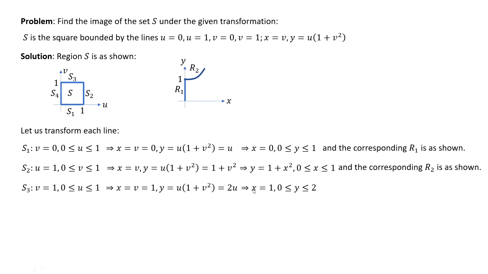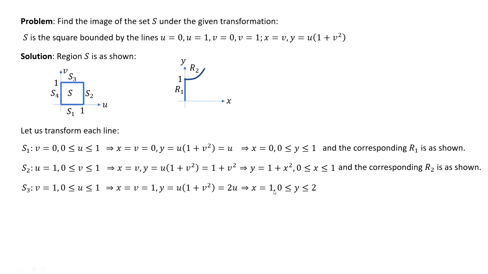So, the equation is x equals 1. However, the y equals 2u part, what that does is it allows us to figure out the bounds on y. y happens to be 2u, but u happens to be between 0 and 1. So 2 times 0 is a lower bound for y, and upper bound is 2 times 1.